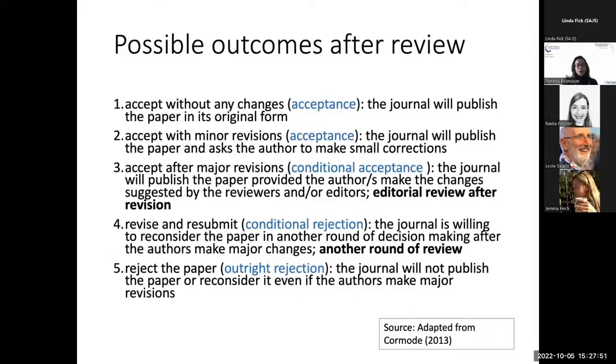And then the last and worst outcome would be an outright rejection. On the basis of the reviewers' reports, the editor recommends that the paper is rejected. It's not suitable for publication in the journal, and it may be for a range of different reasons.